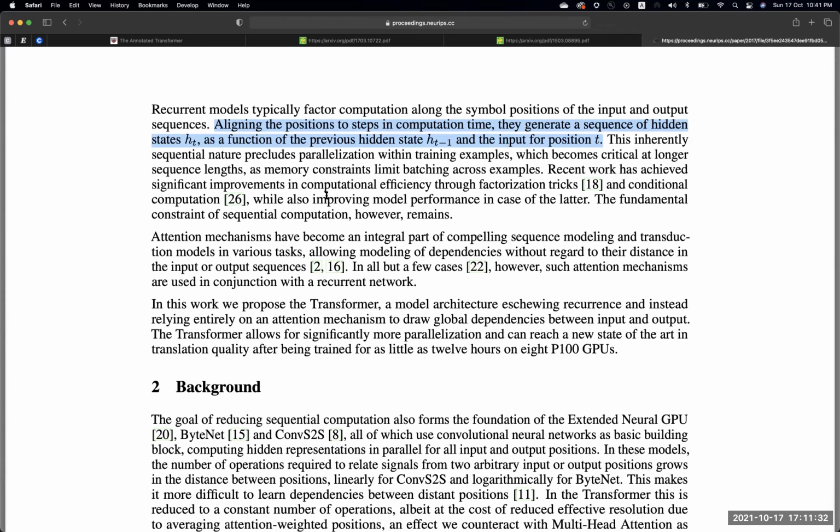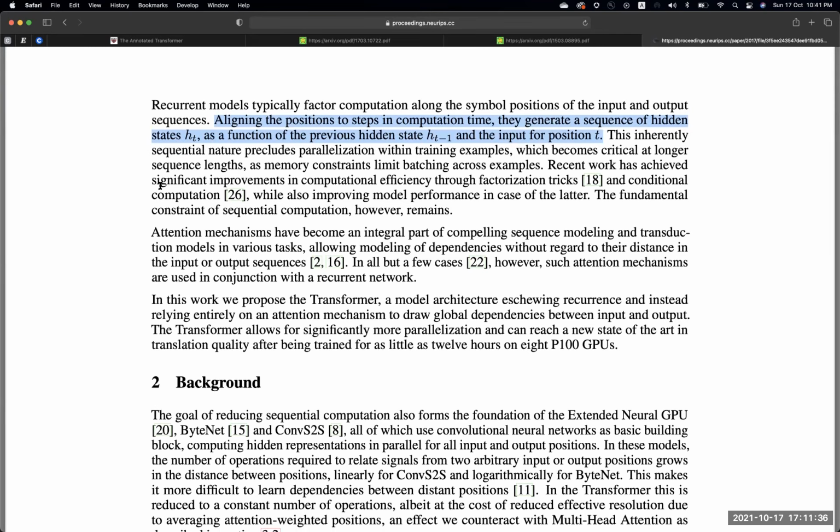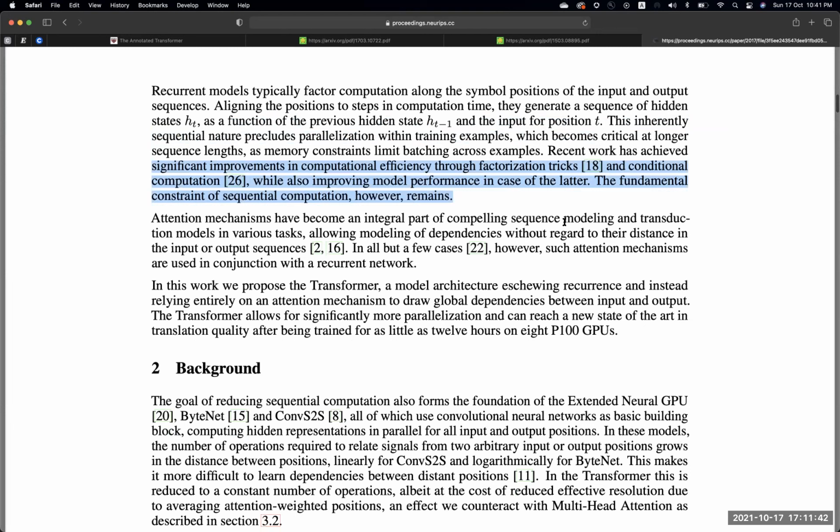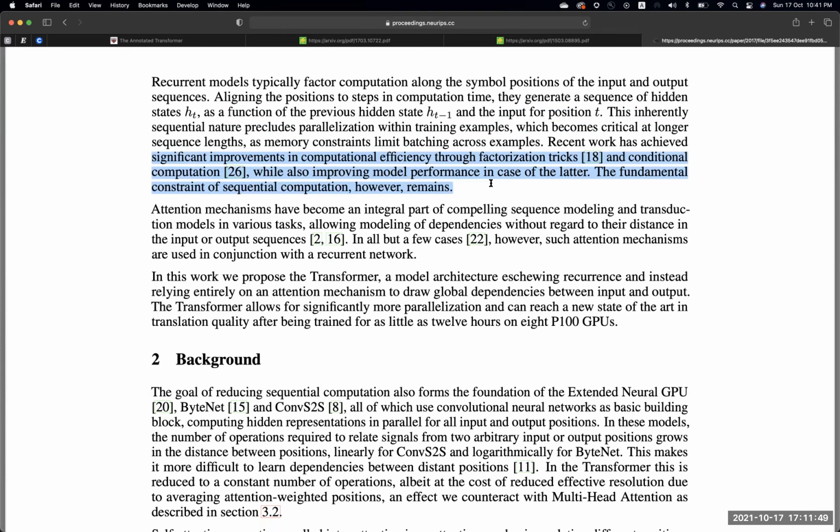So there is just a mention of some improvements, like parallelization kind of stuff. They have introduced some sort of factorization in weights and some model performance improvements, and they have mentioned some papers.